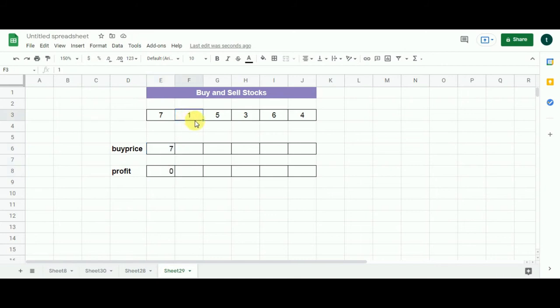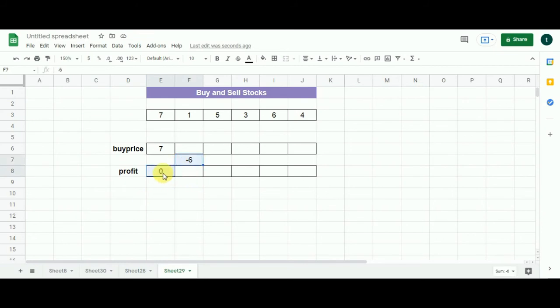Over here, the price of the stock on this very day is 1. So let's see what happens when I sell my stock on this day. The buy price 7 when subtracted by 1 will give minus 6. Now, since I'm chasing maximum profit, would I pick 0 or minus 6?